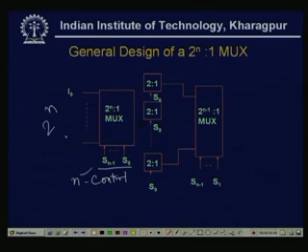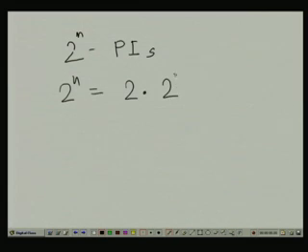So, for 2 to the power n, I need 2 to the power n minus 1 number of 2 to 1 multiplexers. Why? See, I have 2 to the power n primary inputs. Now, 2 to the power n can be written as 2 into 2 to the power n minus 1.